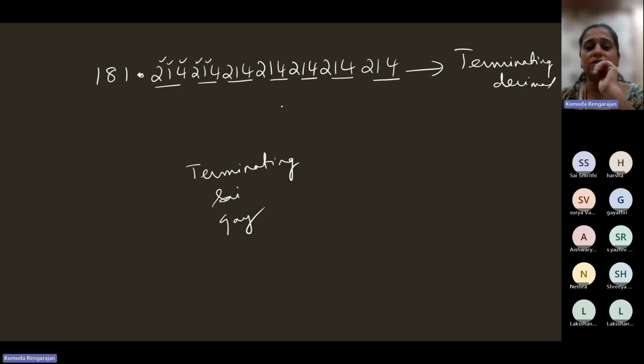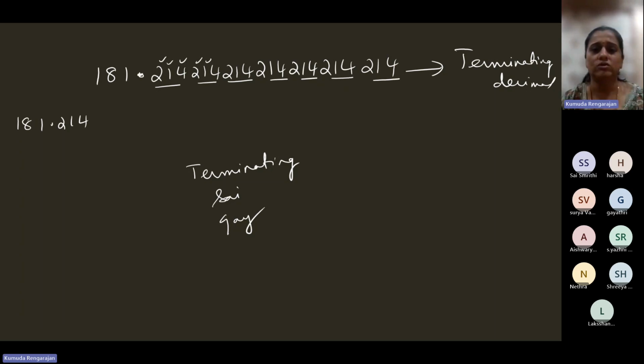So terminating decimal. See, 181.214 can repeat itself 500 times also, but it ends there, no? The decimal part can be very lengthy also, but if it ends at a point, it's terminating.